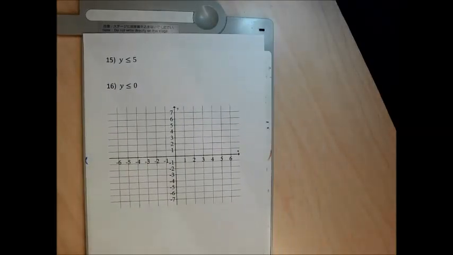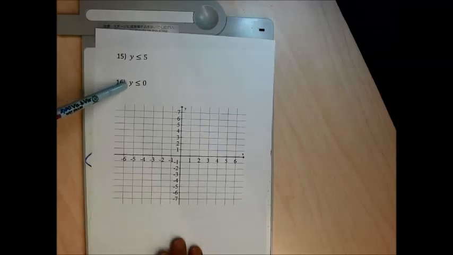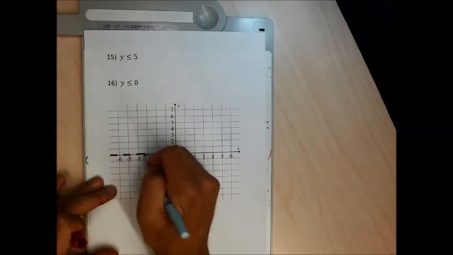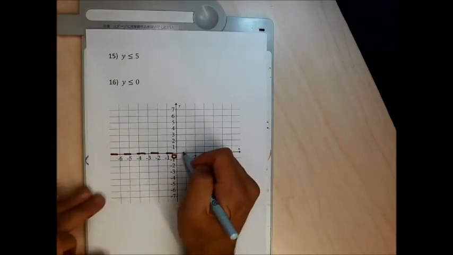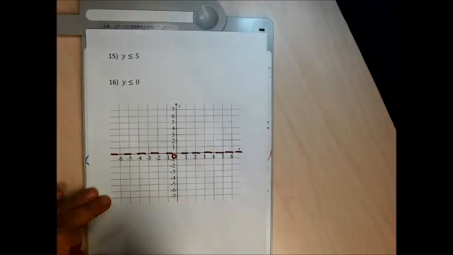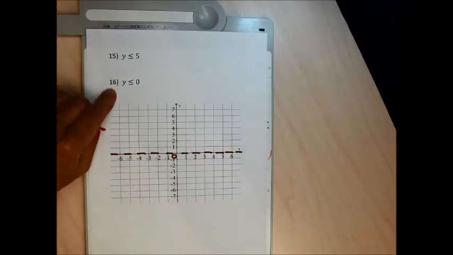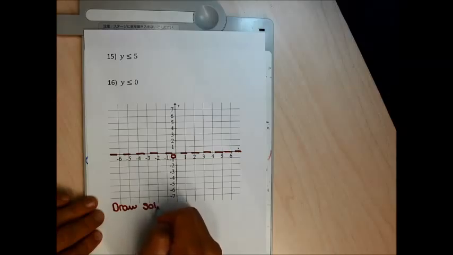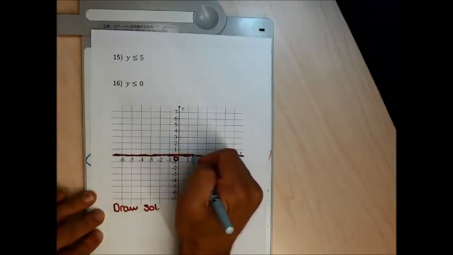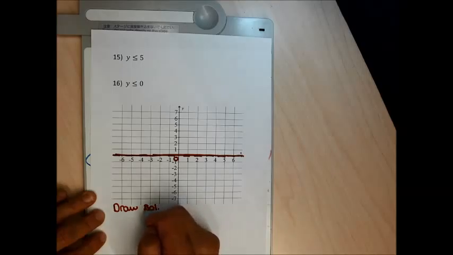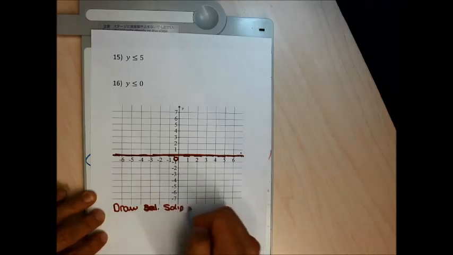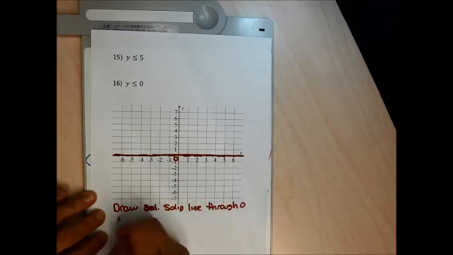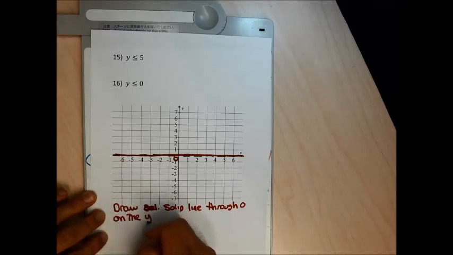For problem 16, it's tricky to get started. I need to find 0 on the y-axis, and 0 on the y-axis is going to actually be right along the x-axis. So to get started, drawing y is less than or equal to 0, number 16, I'm going to draw a solid line, solid, not dashed, through 0 on the y-axis.